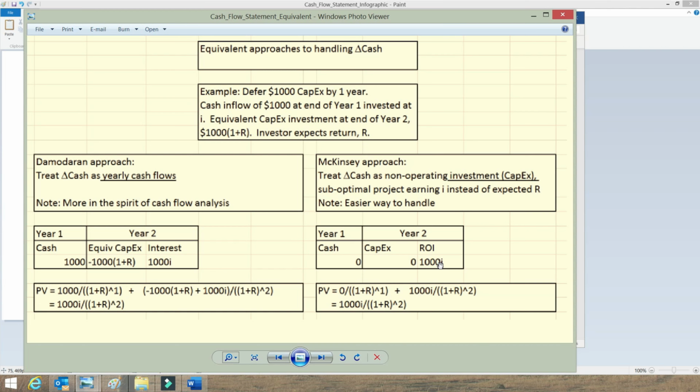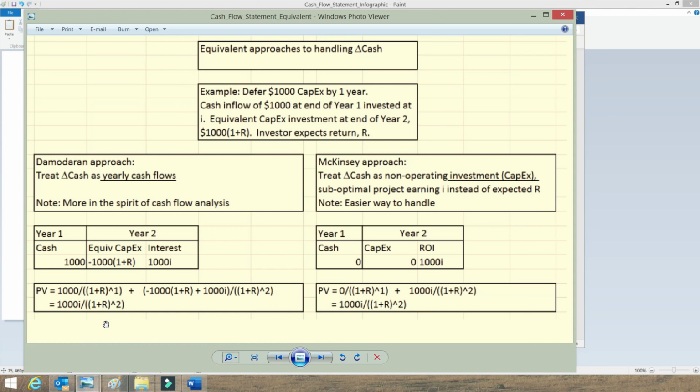So it's not in a real project, but we're going to treat the money market as a suboptimal project. Well, we look at the cash flow, or the increase in value, from this scenario. We get 0 in the first year. We get 1,000 I in the second year. And we do the math, and we see here that the present value, or the change in valuation, is exactly the same, no matter which way you think about how to handle this in your valuation formula.